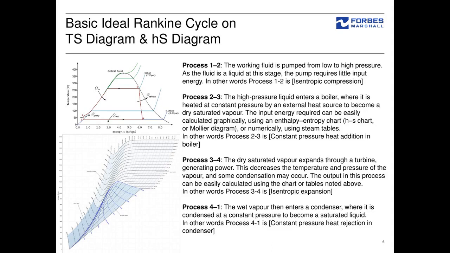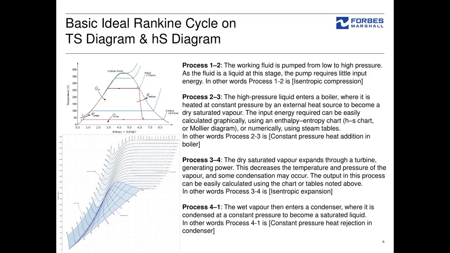Now the saturated steam is again expanded in a turbine. Again, it's an isentropic expansion. It should be a straight vertical line on your graph, coming straight down from point 3 to point 4. But again, it's an irreversible process, so it slightly deviates and reaches point 4 slightly on the right side.